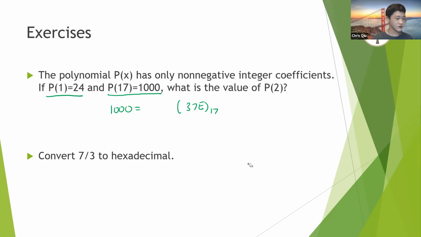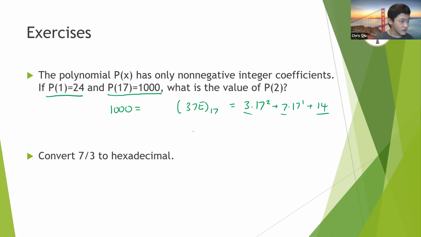This can also be written as 3 times 17 squared plus 7 times 17 to the first power plus 14. When we look at these coefficients of 17 squared, 17 to the first power, and our unit digit, you notice that these three sum up to 24.